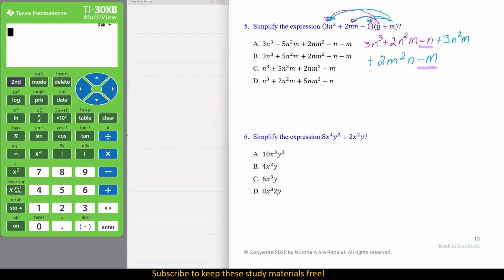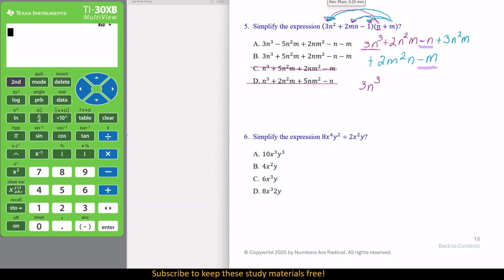Notice that C and D do not have that. So then I'm going to look at the beginning part. 3n squared, check and check on A and B. We did that. So we have 3n, I'm sorry, to the third. 3n to the third. I misspoke.